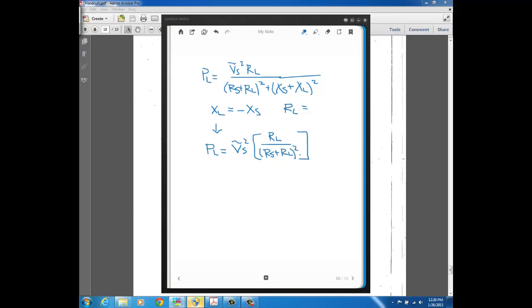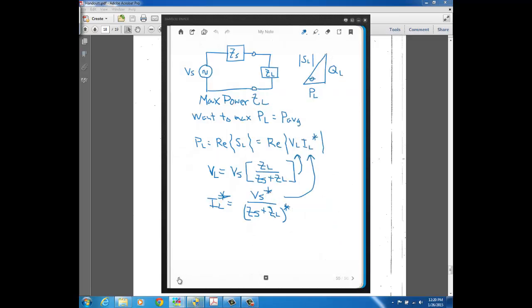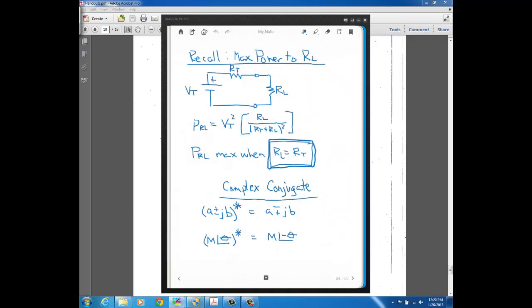Okay, so now we want to find what is the value of RL that will maximize this, right? We got the reactance, but since we're after an impedance, we need both reactance and resistance. Well, look, the equation this reduces to, once the reactances cancel, is the same form of expression we got in the DC case.